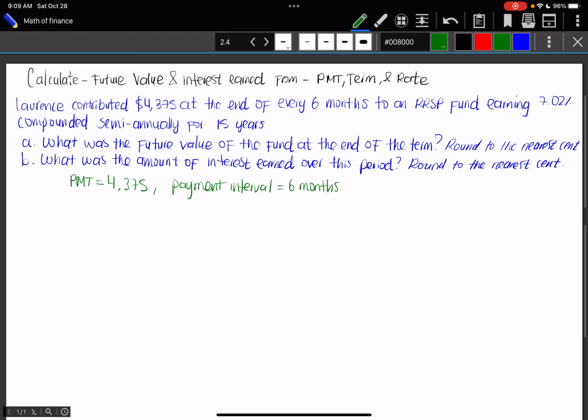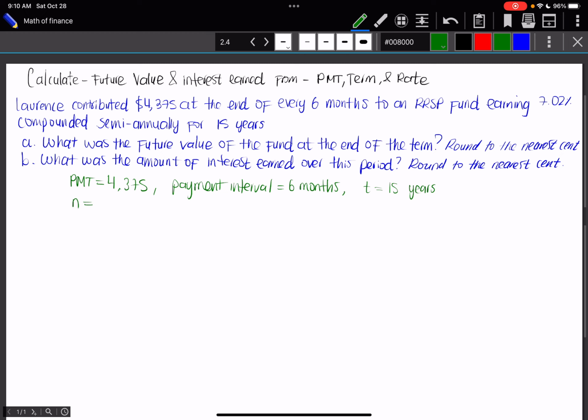With that payment interval and the 15 years that we have here, those 15 years are the term of the annuity, we can compute the total number of payments during the term of the annuity. That's usually denoted by N. We multiply the number of payments per year by the time period in years.